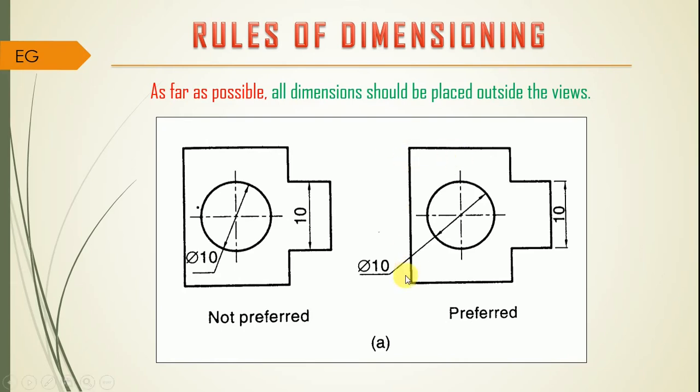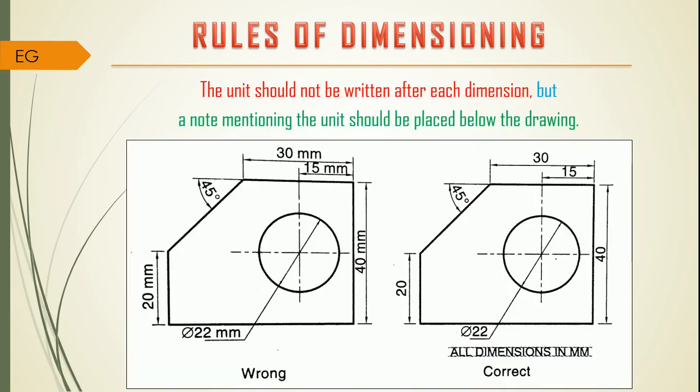Every time you complete your drawing, show the dimensions apart from your drawing, outside the views. If you have a particular view of an object, then all the dimensions should be placed outside the views, and that is the first rule of dimensioning. Do remember. Move to the next one.